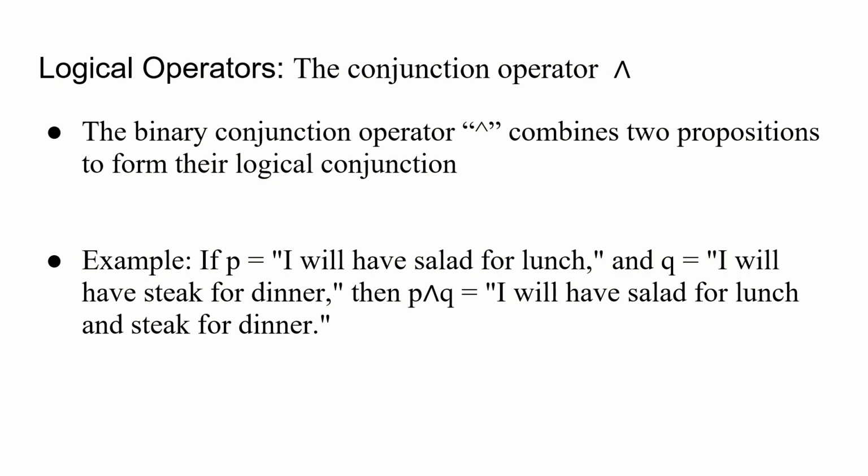If P equals I will have salad for lunch, and Q equals I will have a steak for dinner, then P conjunct Q equals I will have salad for lunch and steak for dinner. So you can see it is the conjunction of 2 propositions.